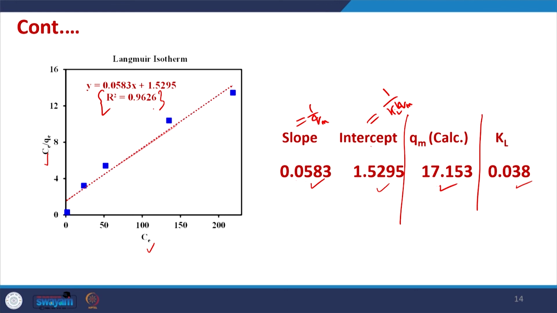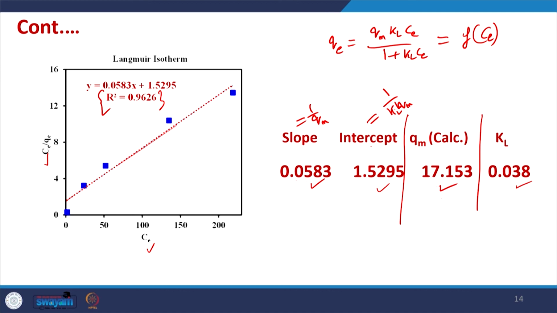So, for this ofloxacin removal case, we should use the equation QE is equal to QM KL C upon 1 plus KL C, and we can put these values in this equation. Whatever is the final equation as a function of C, we can represent this data by this Langmuir equation. This can later be used for plotting the equilibrium data on the curve, or for designing the system later on. That we will study later.